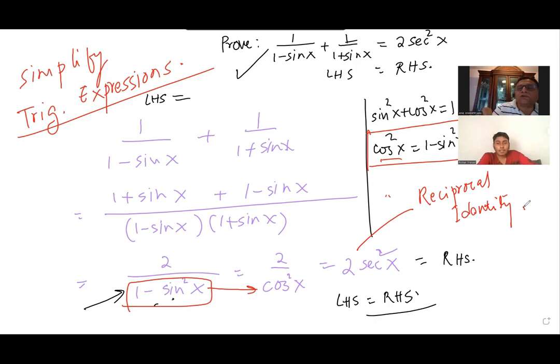Now we will write down each and every step for the next identity. Let me take a similar example: 1 over 1 plus cos x plus 1 over 1 minus cos x.